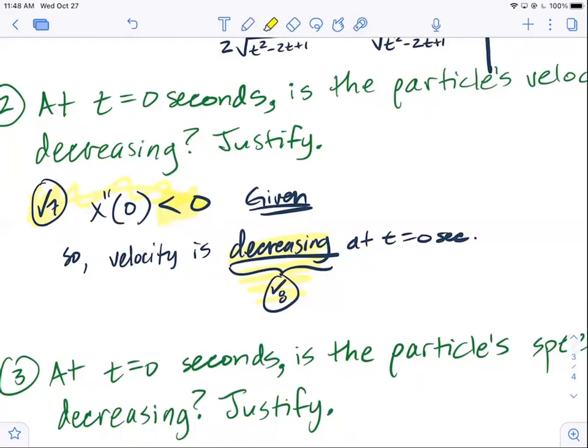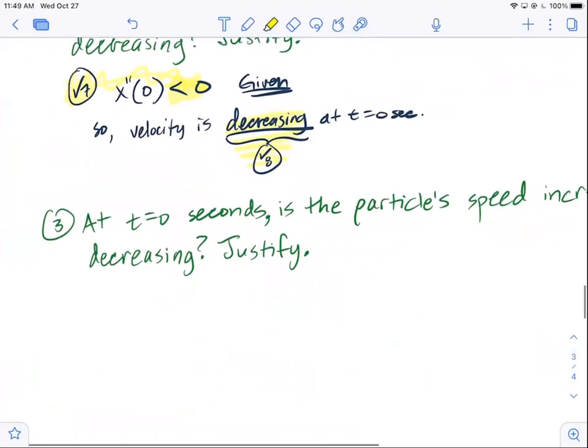But it's a lot more poignant and direct when you just say x double prime of 0 is less than 0. You don't have to say the word given, but that was given up above. So the velocity, or the particle's velocity, either one, is decreasing. And then you mention the moment of time again, at t equals 0 seconds. All right. But if you just said decreasing, since x double prime of 0 is less than 0, that would be 2 checks. Okay.